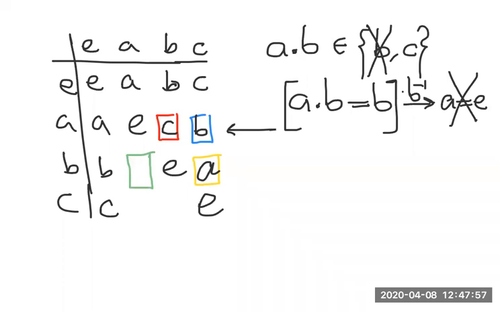What we don't have is C. Now look at this new blue one. We have A, we have C, we have E, we don't have B. And finally here, the only thing we don't have in this column is A. So we got another group. This is a new group, G, a group with 4 elements.